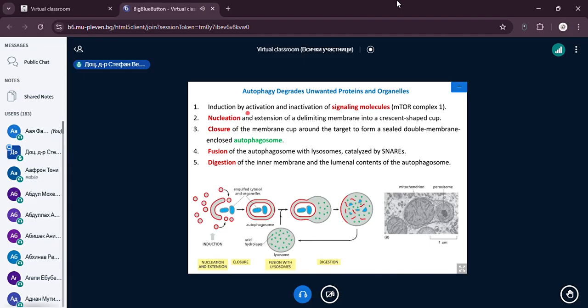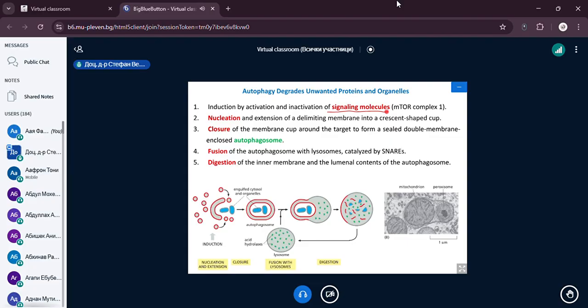Induction of the process of autophagy is done by a cascade of signal molecules, which is very important because the cell must know which structure is not needed anymore and degrade it. If it degrades structures that the cell needs at that moment, that's not good for the cell.